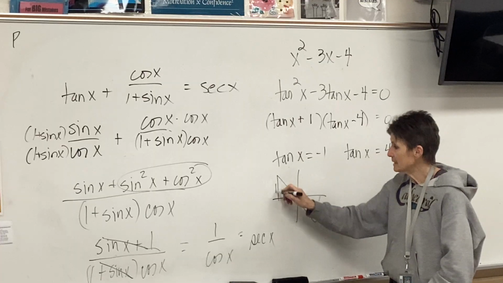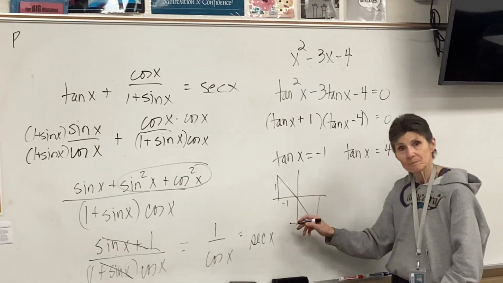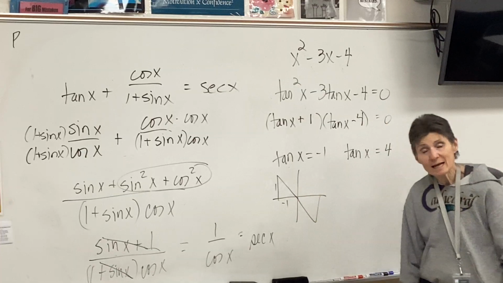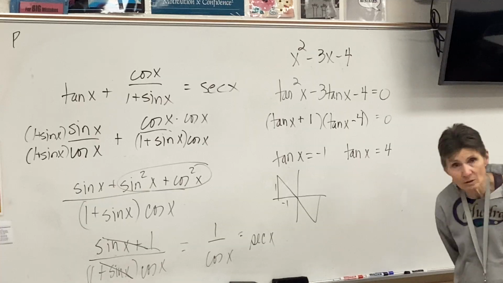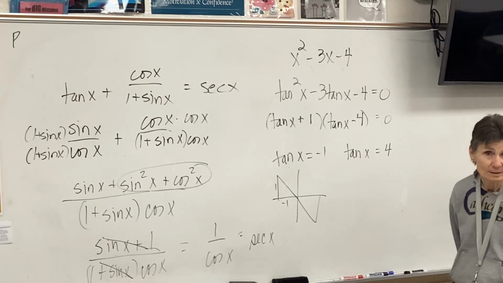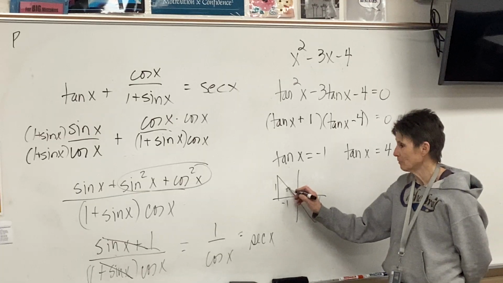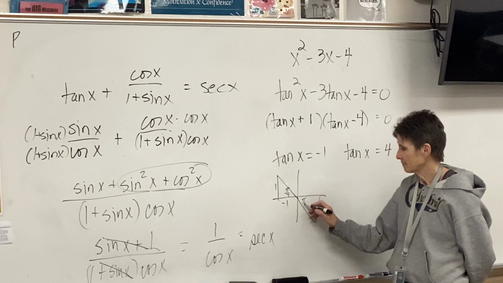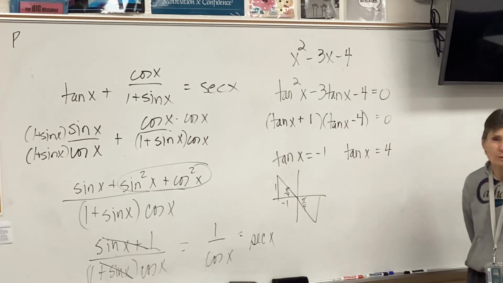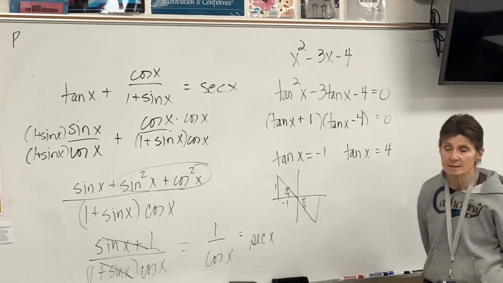If the tangent is 1, then don't those have to match? And in what kind of triangle do those sides match? A 45, which in radians is 1/4 of pi, so pi over 4. In a minute, I'll do it decimally with you on the calculator, but this is good practice for us.